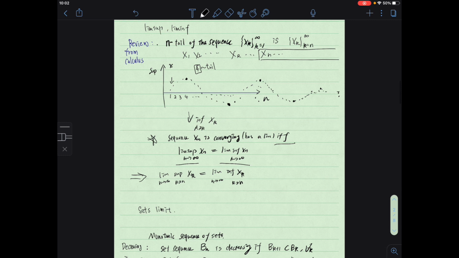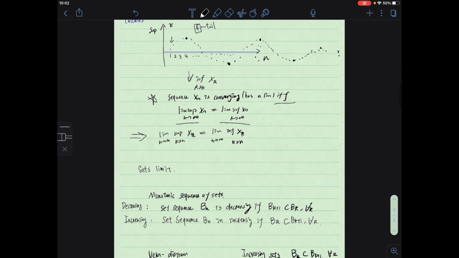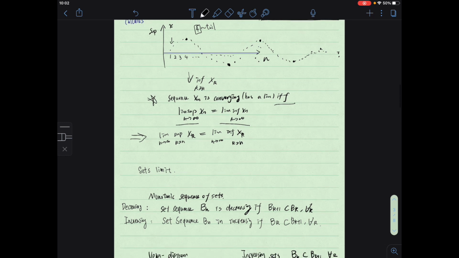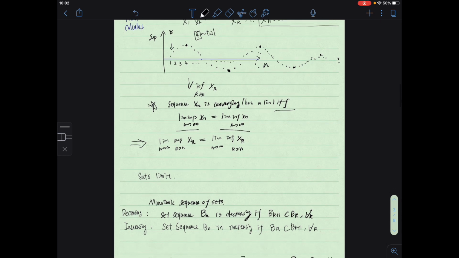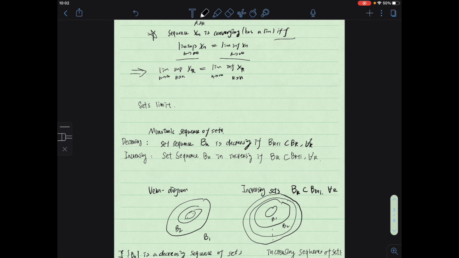So now we have reviewed what we learned from calculus. Let's now make an analogy using the sets, using the sequence of sets. So we also need to define two important concepts here. One is a decreasing sequence of sets. The other one is an increasing sequence of sets.